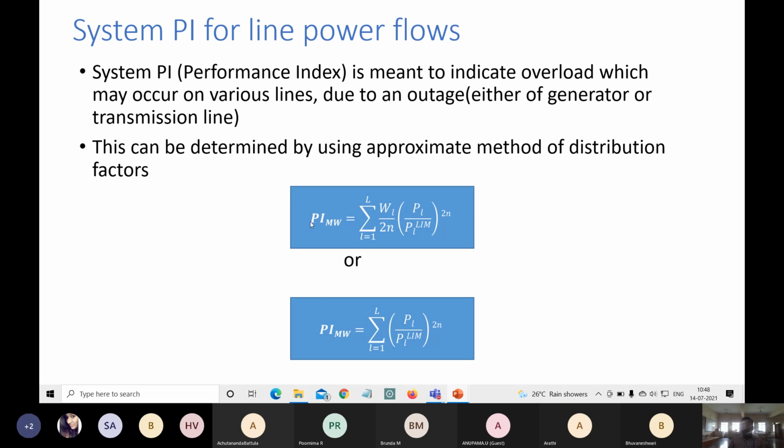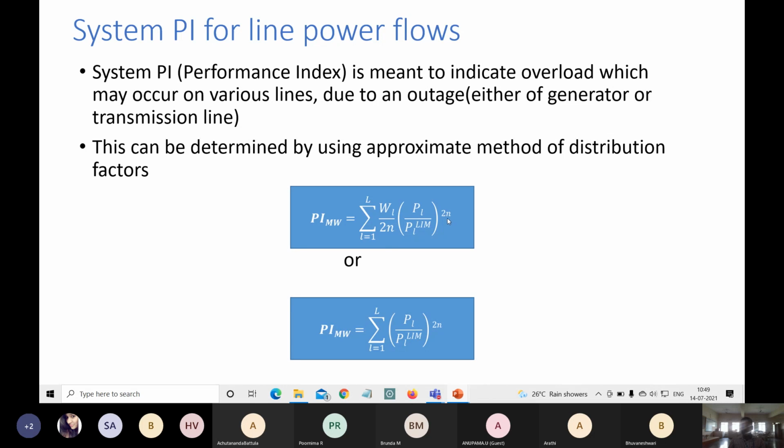The formula is PI in megawatts equals the sum from l equals 1 to capital L, where capital L is the number of transmission lines, of W_L divided by 2n, times P_L divided by P_L limit, the whole to the power of 2n.